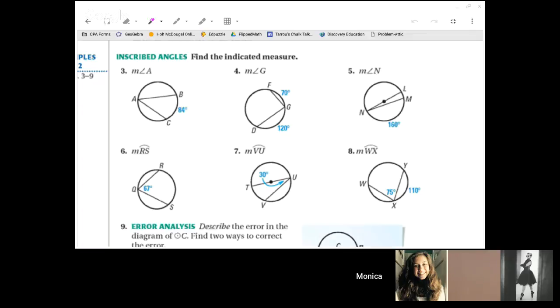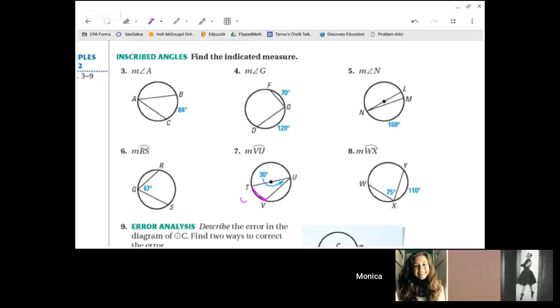So if we look at the picture, let's see, angle U is 30 degrees, right? So what does that make this arc over here? Arc VT.